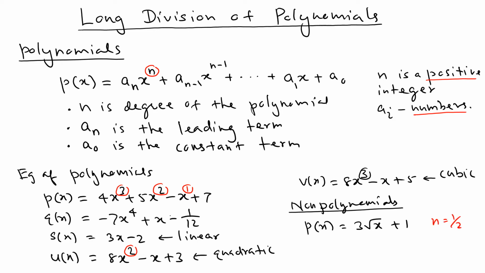This is not allowed. And then also let's say Q(x) equals x plus 1 over x. You can see there's a term which has a negative power. If you bring it to the top, n equals -1. This is not a positive integer, so this is not a polynomial.